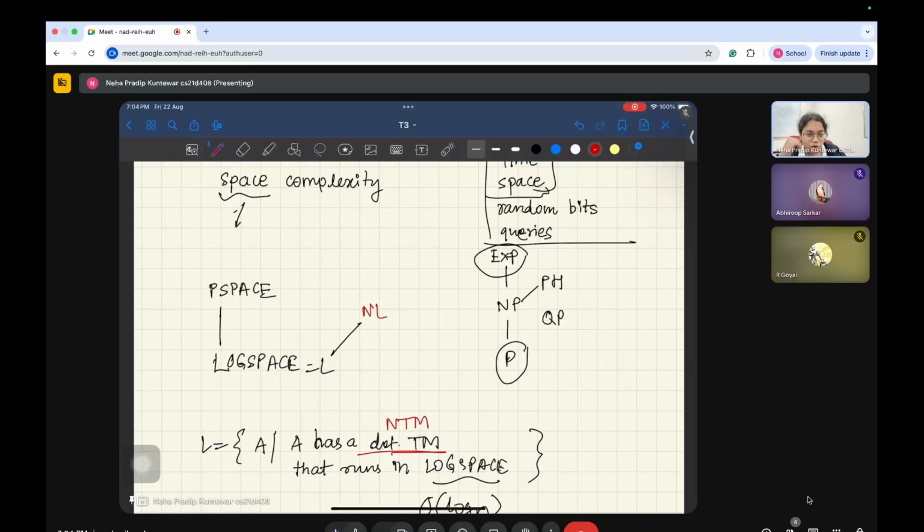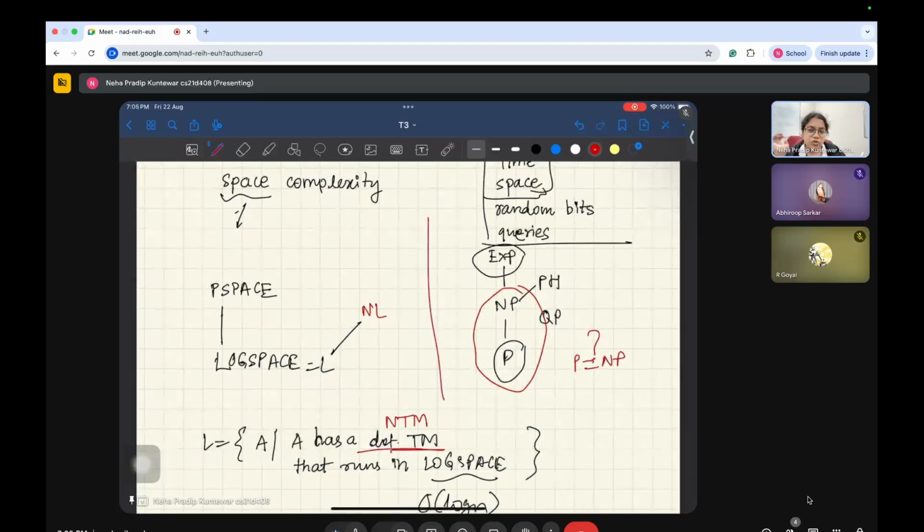Now we can ask the same question that we had in the time world, whether this containment is proper, whether P is equal to NP. This is the main open question. Similarly, in the space world, we have the counterpart, the L versus NL question. We don't know whether L is equal to NL.